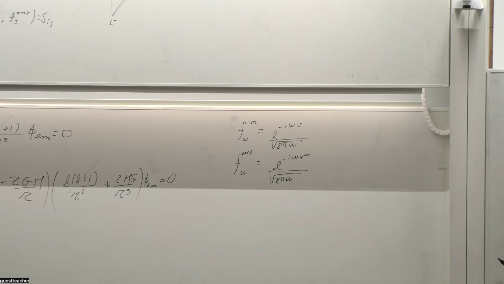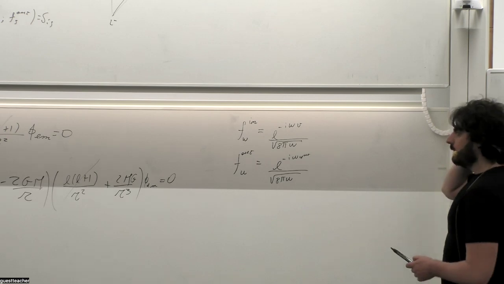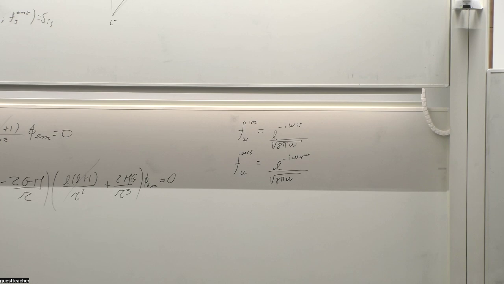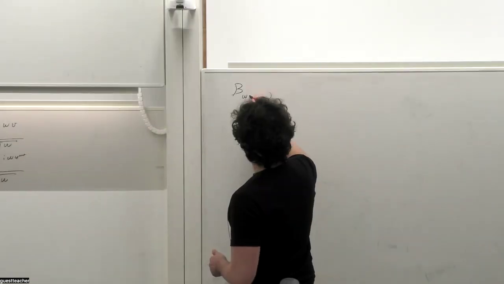Okay, so we have this base. We need to do the scalar product. We want beta, omega, omega prime.